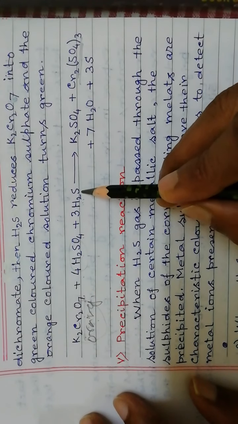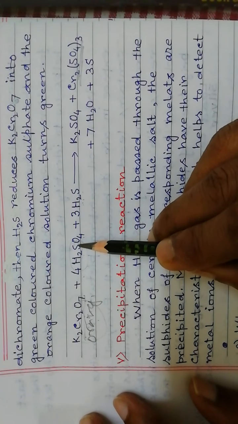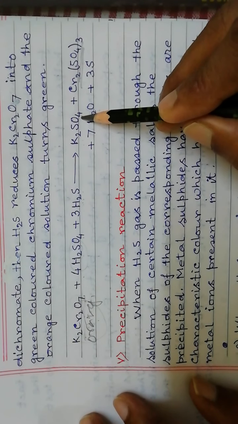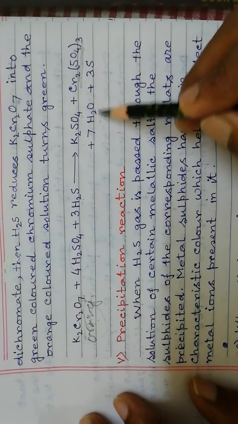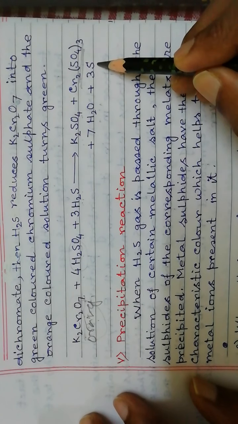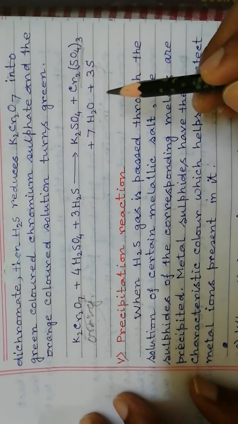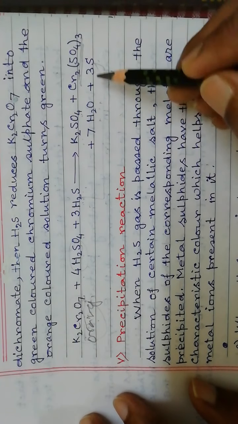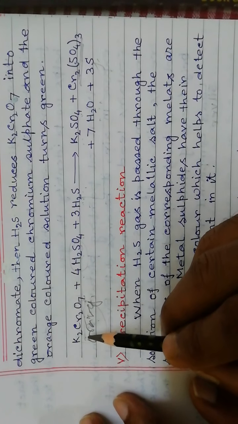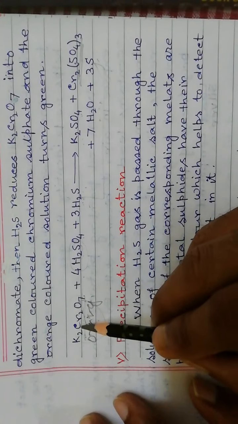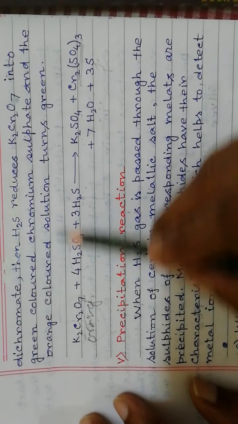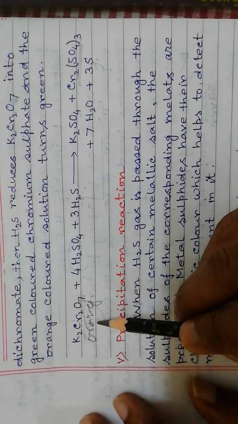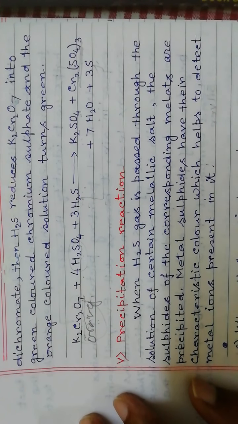When H2S is passed through that acidified potassium dichromate solution, it forms K2SO4, potassium sulphate, chromic sulphate, water and sulfur, and this sulfur comes from H2S by oxidation. That means H2S is oxidized into sulfur, while K2Cr2O7 is reduced to chromic sulphate. So the orange solution turns green.